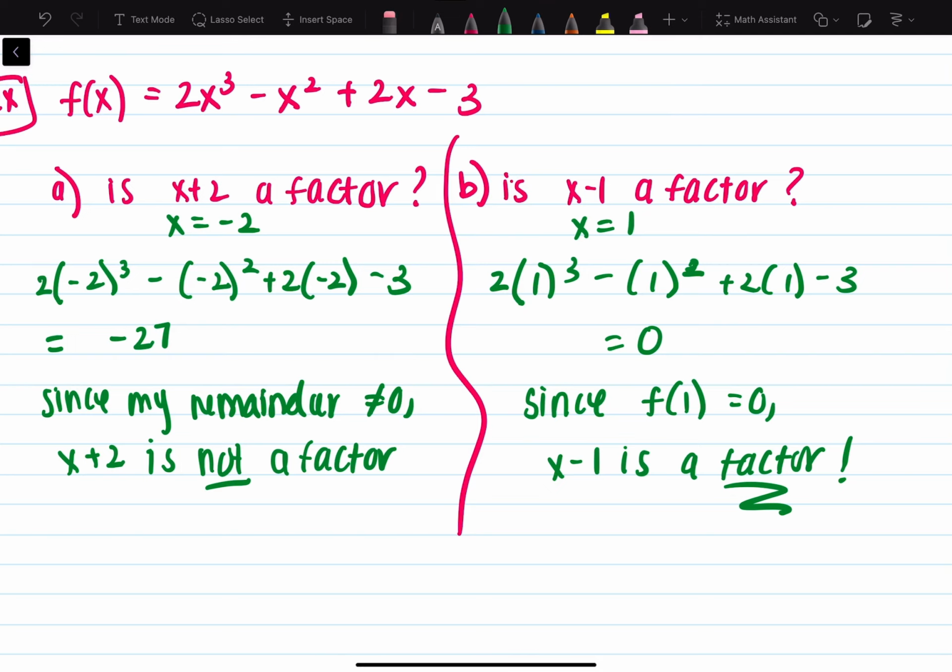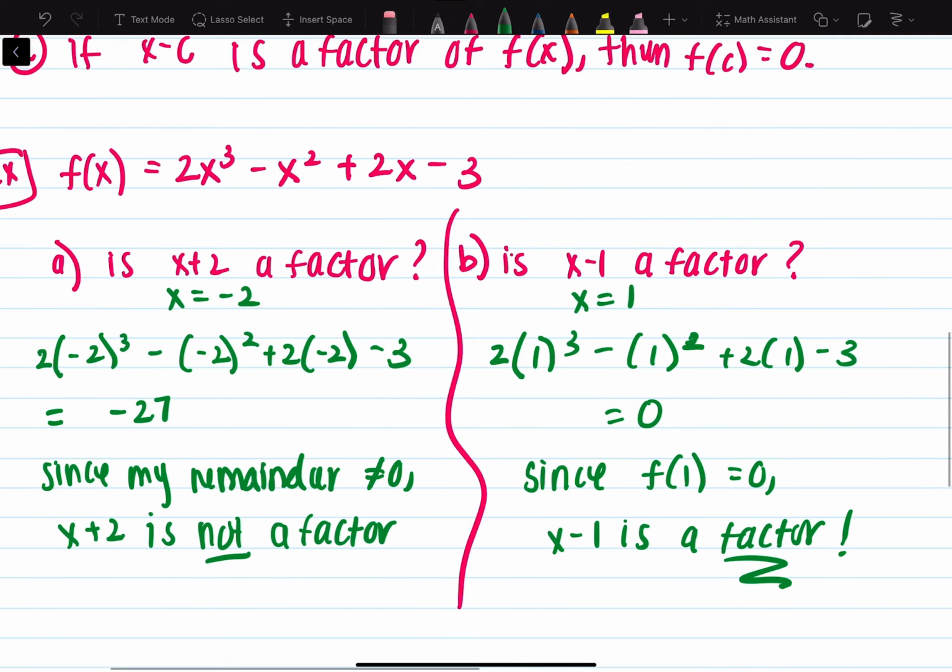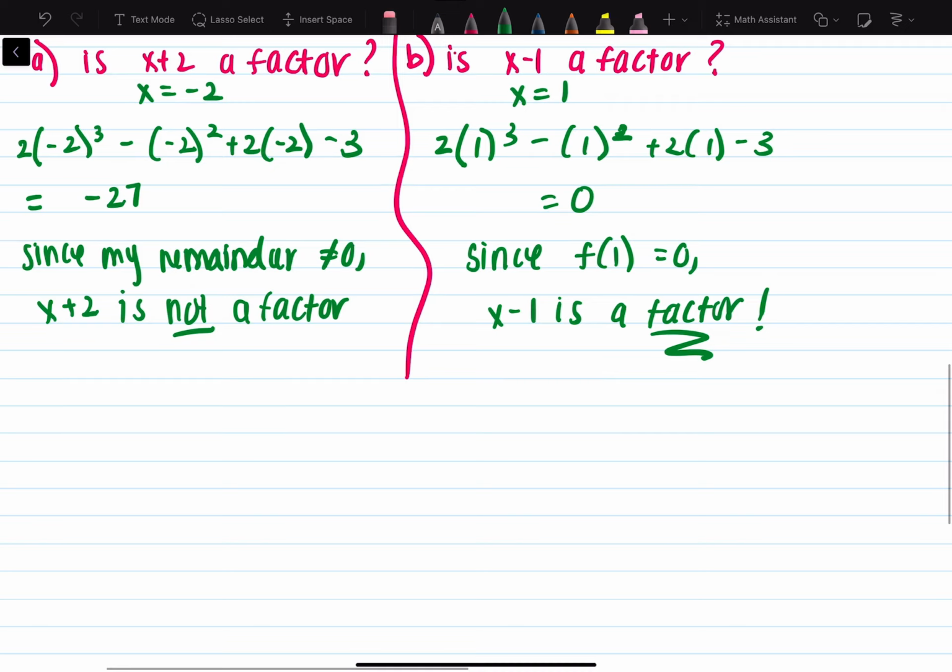Now that you know that it is a factor, you can go ahead and use synthetic division to divide them and figure out the factored form of the polynomial. On your homework for this assignment, for these sets of notes, you will not have to do this extra step, but I am just going to show you because it is a preview to what we're going to be learning next.